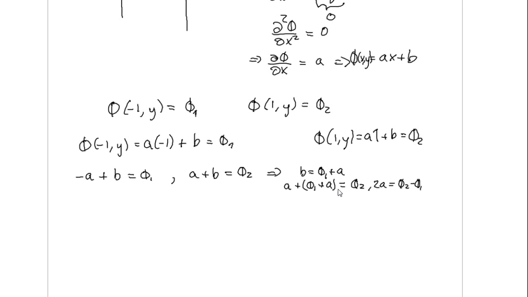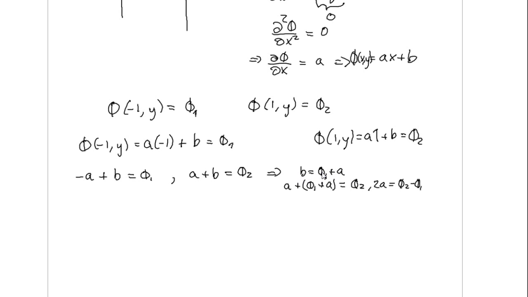So we have that a plus a is 2a, and we just move phi 1 to the other side of the equation and obtain that a is equal to phi 2 minus phi 1, divided by 2, of course. Inserting this value of a into this equation, we obtain a similar expression for b.